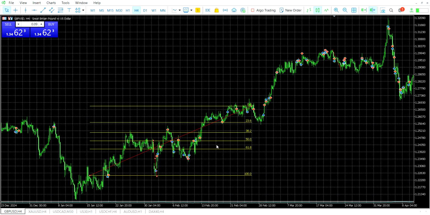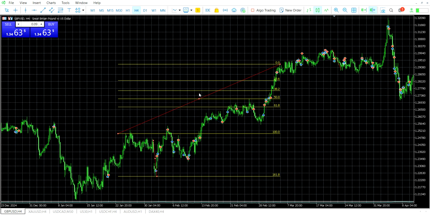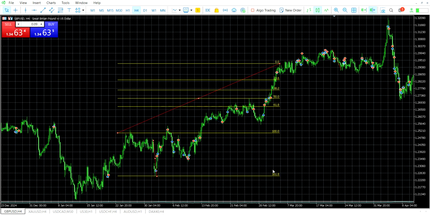But it also may not be our goal. If we want to take more, we can take it somewhere here, around 161, somewhere here. So that is our next goal.